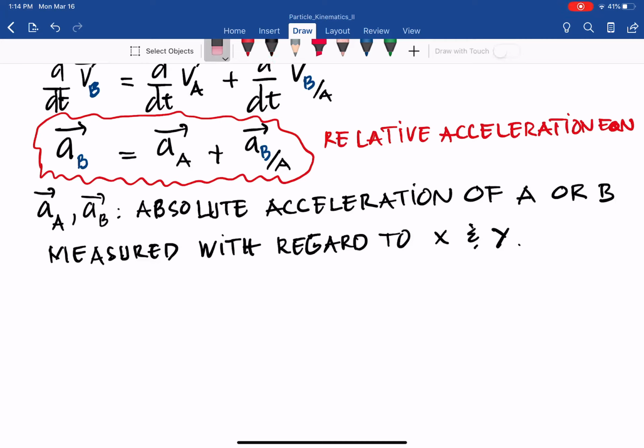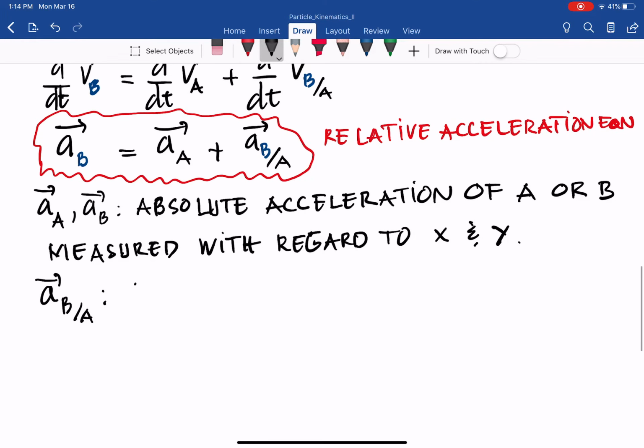And then the relative acceleration, A_B relative to A. So it means that we have a relative acceleration.